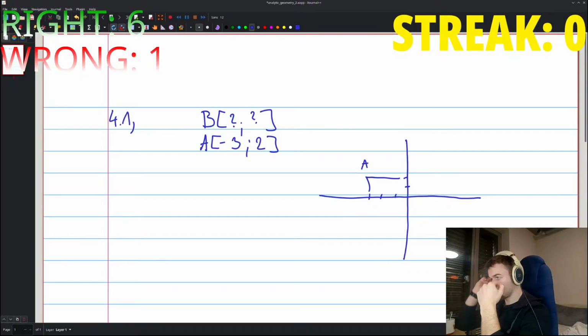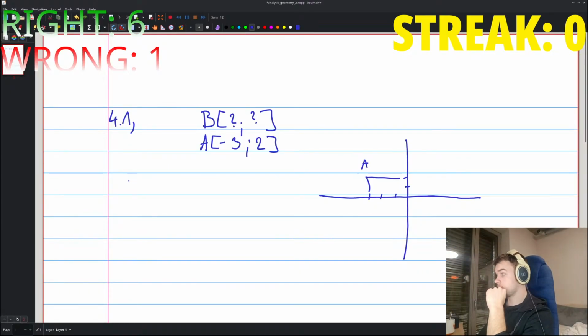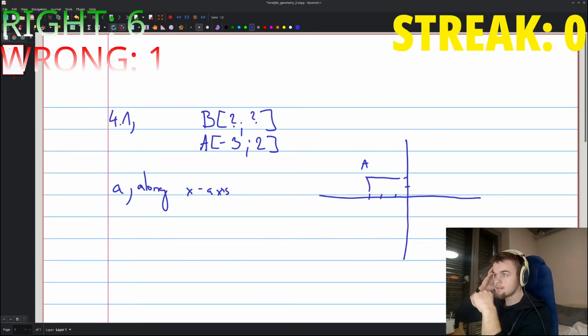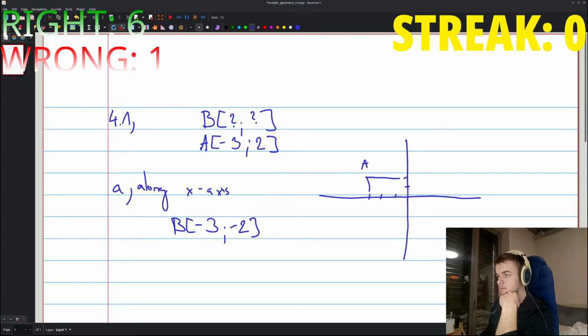So that's pretty simple. For the x-axis, you just turn this into negative and that's it. So B is going to be minus 3, minus 2.